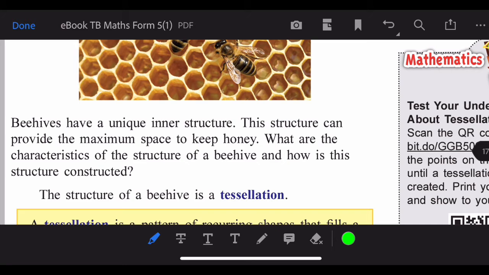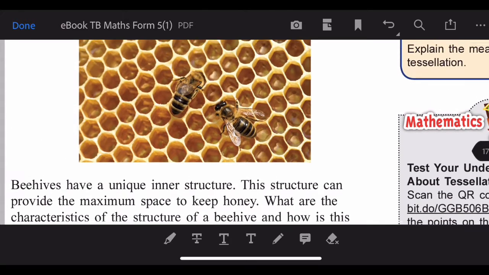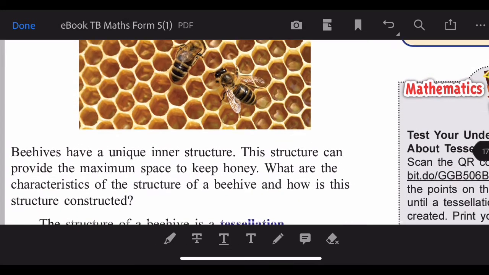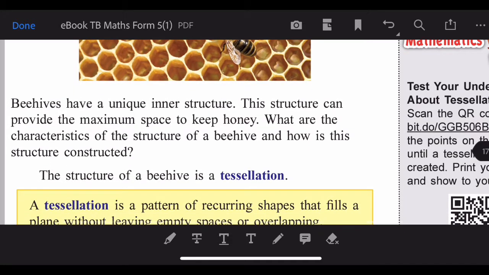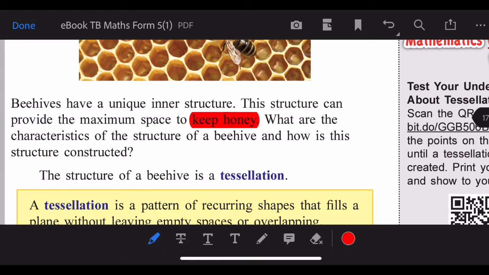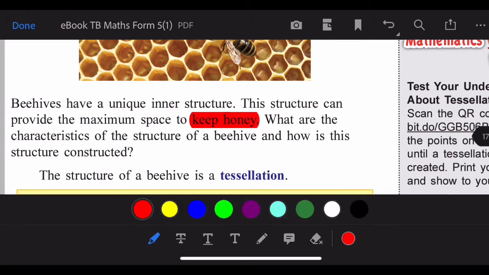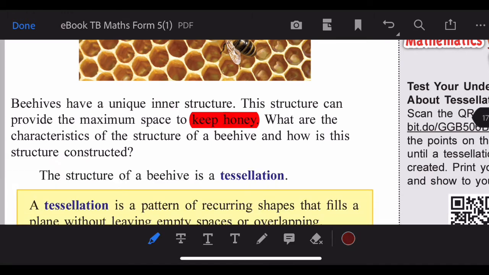It's very interesting, the beehives. This sounds very interesting. What are the characteristics of the structure of a beehive and how is this structure constructed?